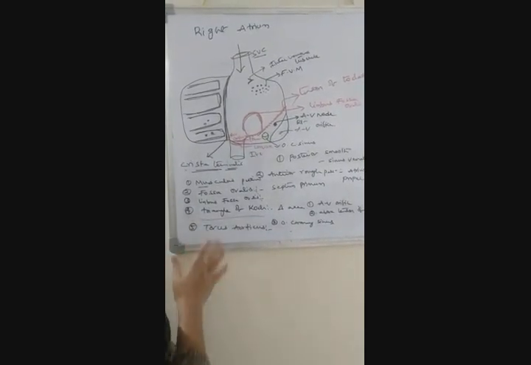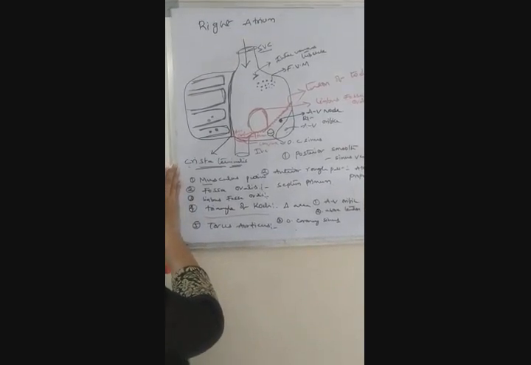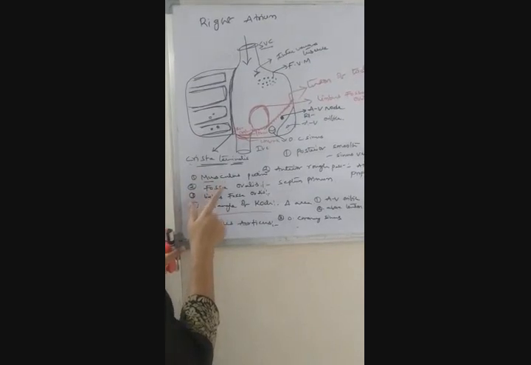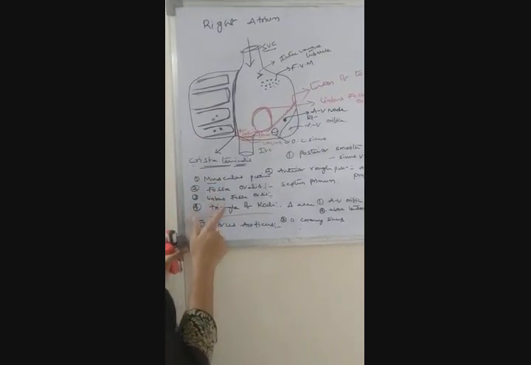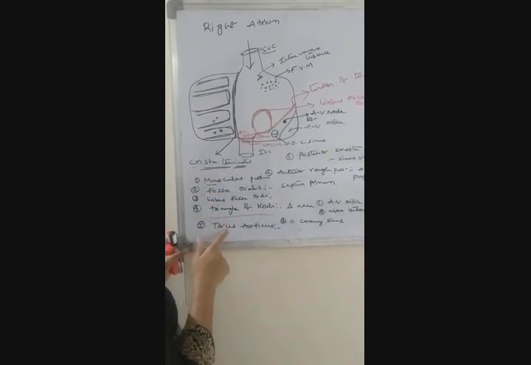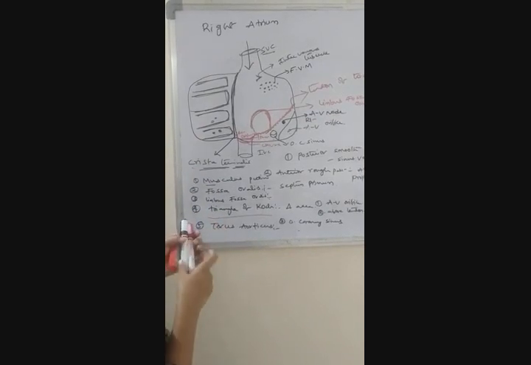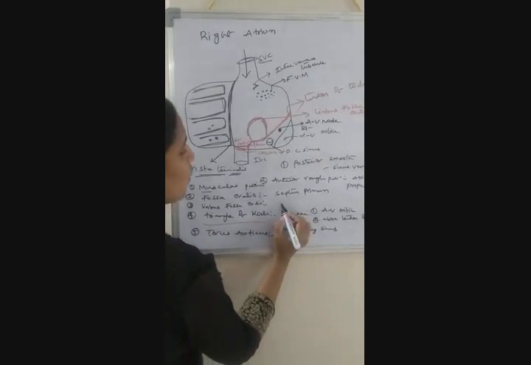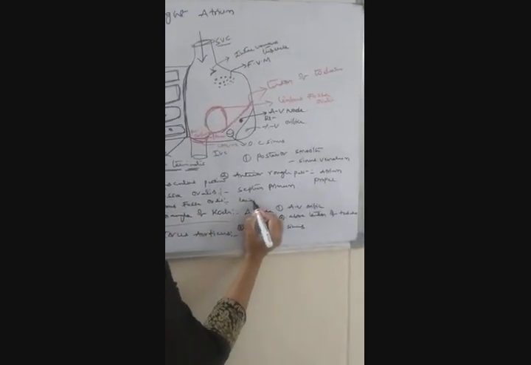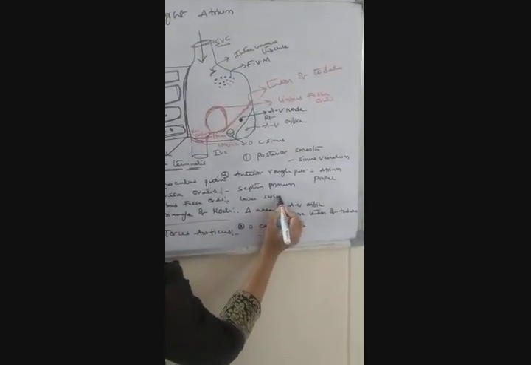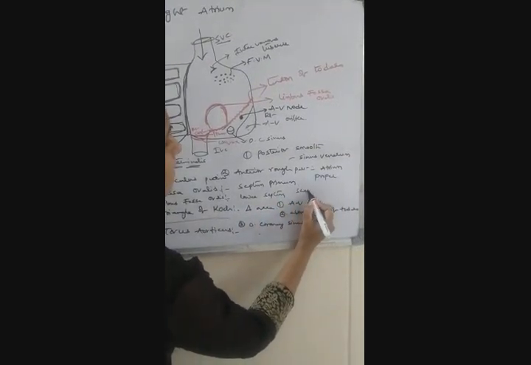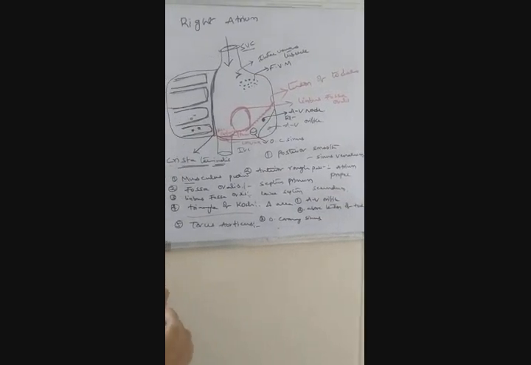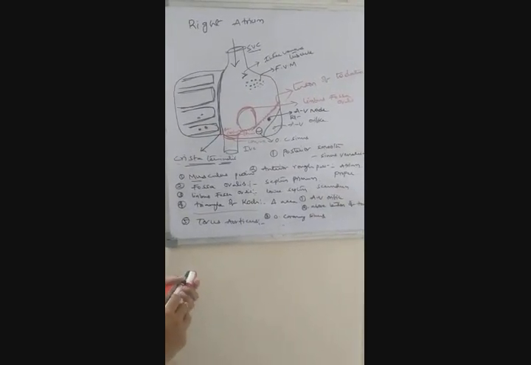These are the characteristic features of the anterior part. What are they? The crista terminalis, musculi pectinati, fossa ovalis, limbus fossa ovalis, triangle of Koch, and the torus aorticus. And this limbus fossa ovalis is formed by the lower margin of the septum secundum.